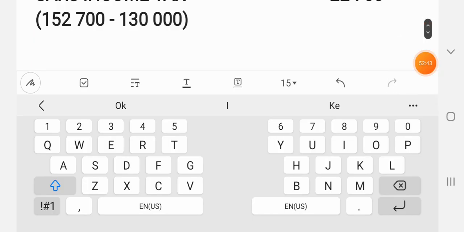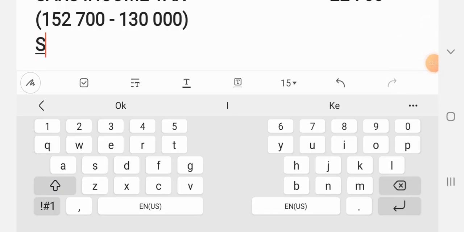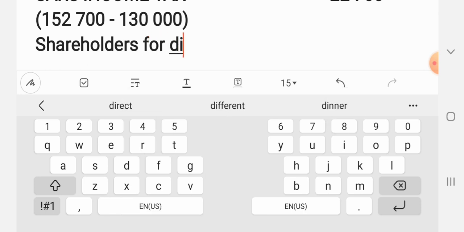So here we will have shareholders for dividends.